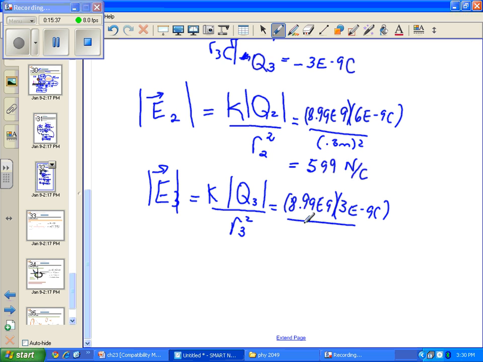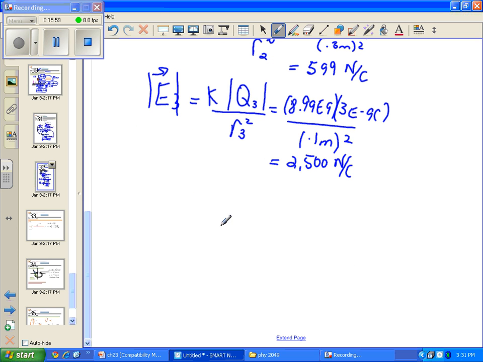Notice that I don't put minus 3e. Why is that? Because I already know the direction of the component, I know the sign, and right now all I'm doing is working with magnitude. If my calculator gives me the correct values, this is what I get for E3: 2500 newtons per coulomb.